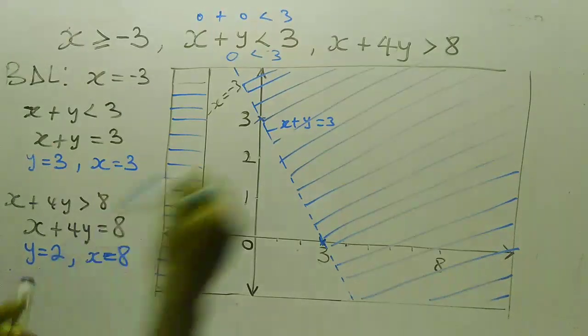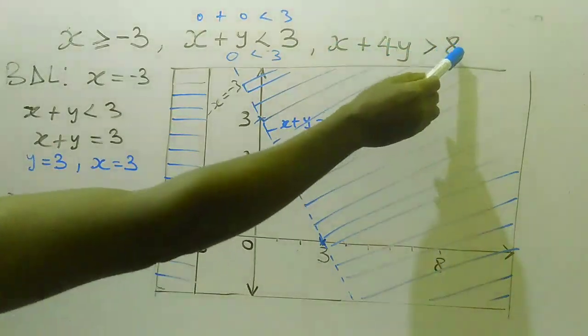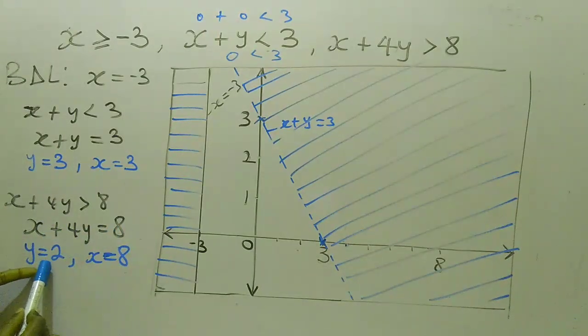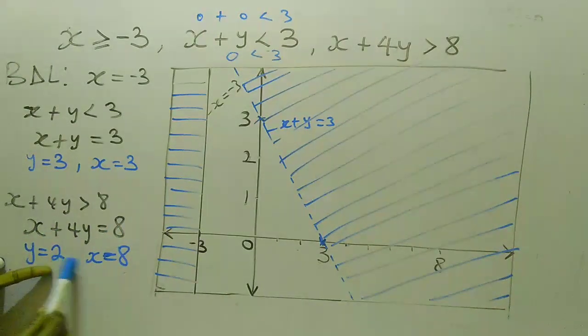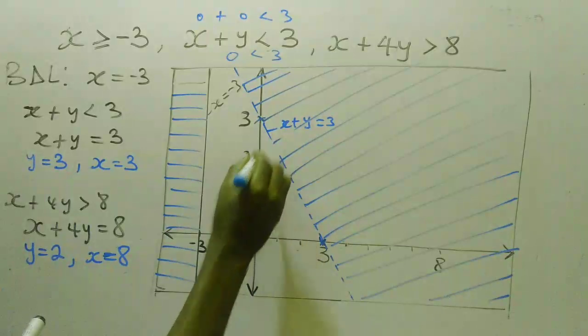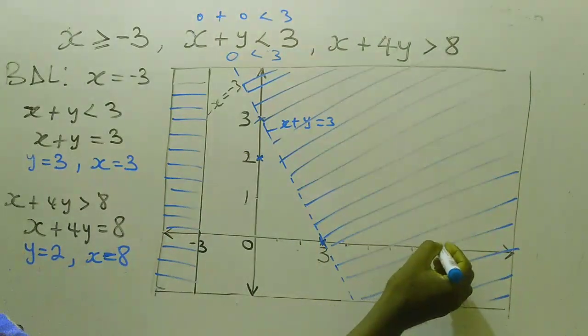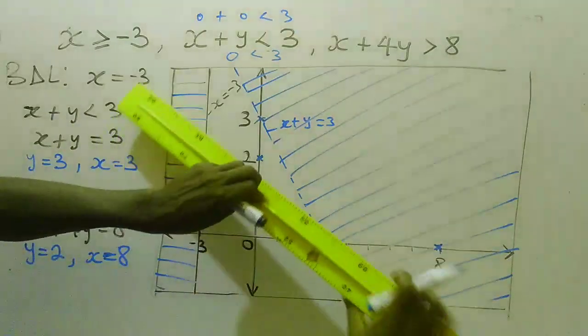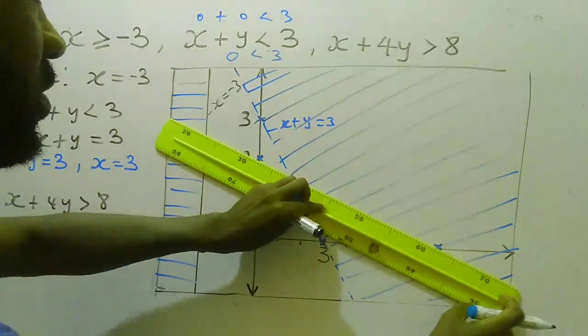The last one is x plus 4y greater than or equal to 8, and our boundary line is this. Now the points are at y equal to 2 and at x equal to 8. So let's go y equal to 2, that's here, and then x equal to 8, that is here. So our line will pass through these 2 points.